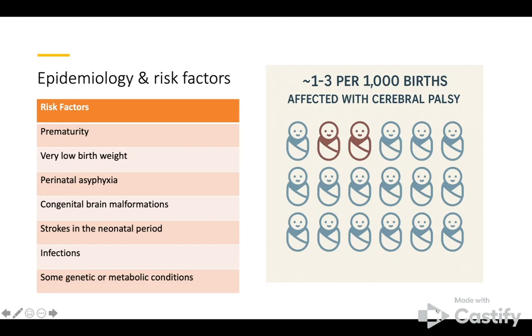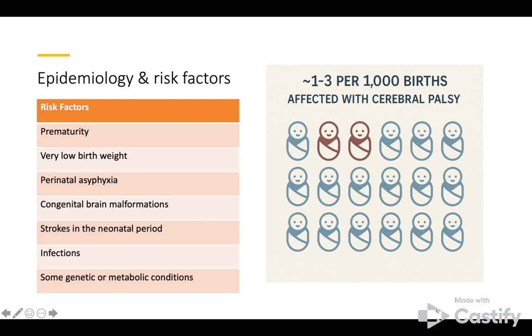And the risk factors, if we want to break it down, are either the maldevelopment of the brain, vascular impairment, or hypoxic events that happen to the brain and lead to maldevelopment or lesions in the brain, which supplies our whole body with the nervous system.